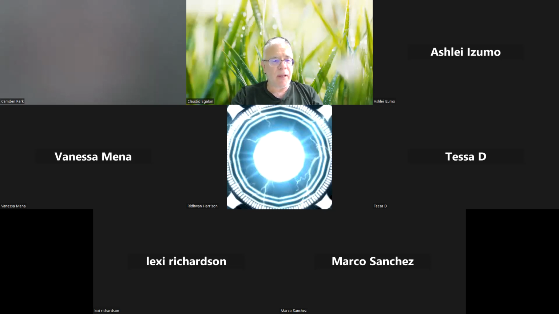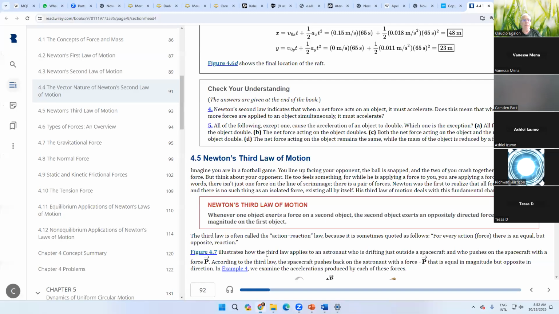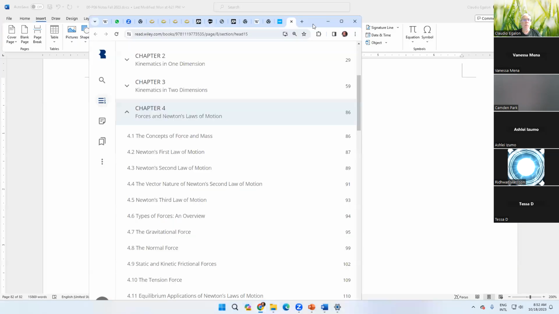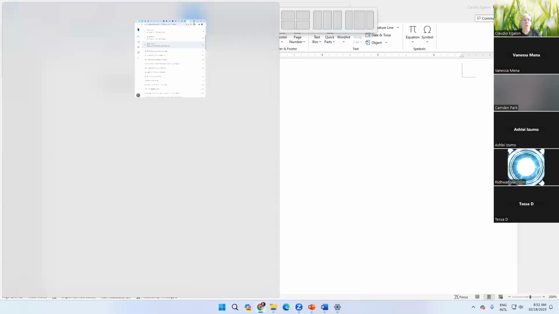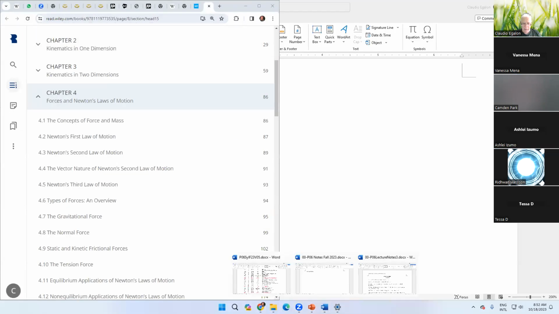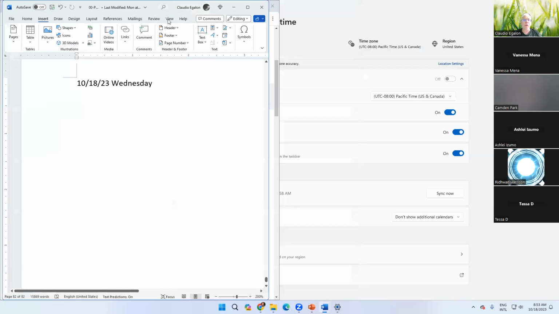Okay, that's Wednesday. And let's take a look at what we have covered in the book. So you can locate yourself. I'm going to put the book here on the left side and my notes on the right side.